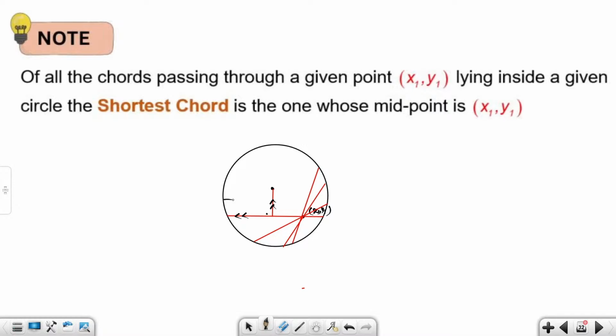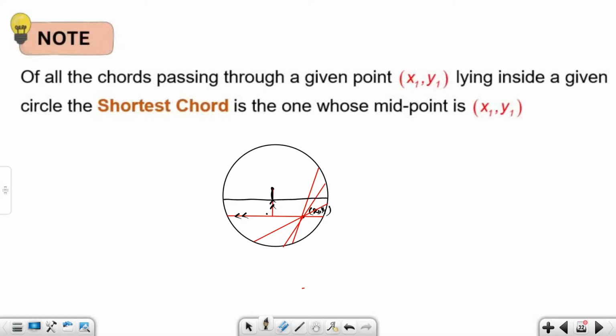That is, when the perpendicular distance from the center of the circle to the chord becomes less, then the length of the chord will start increasing.